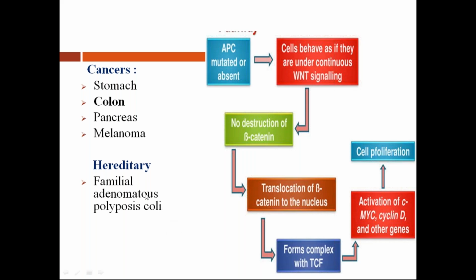It's an autosomal dominant inheritance. Once it's diagnosed, the whole of the colon has to be removed, because any one of those 100 polyps can turn into a malignancy. So it's somewhat a precancerous condition.